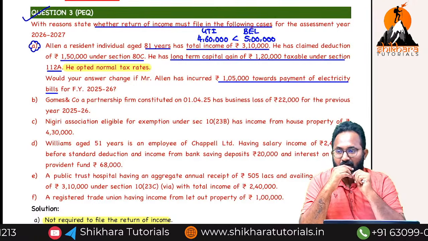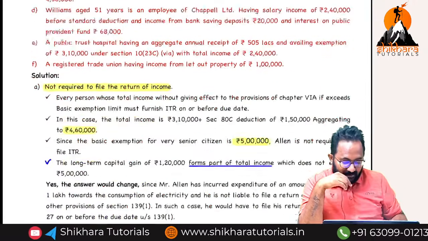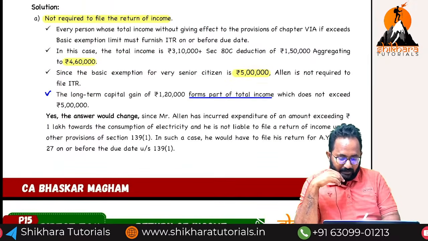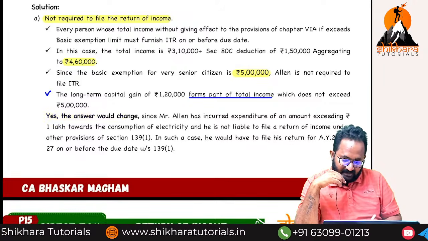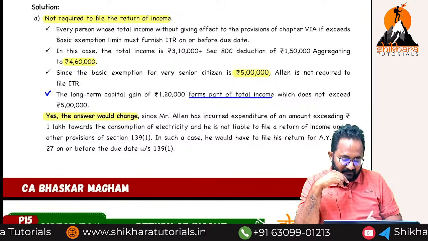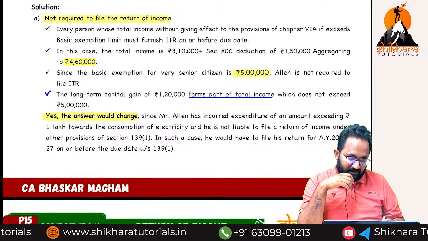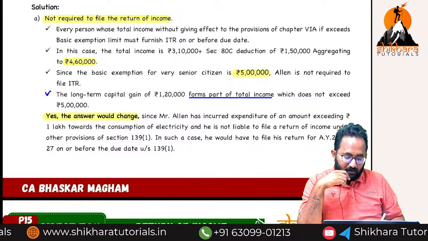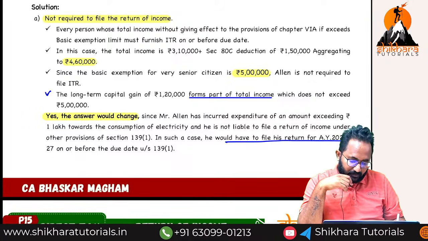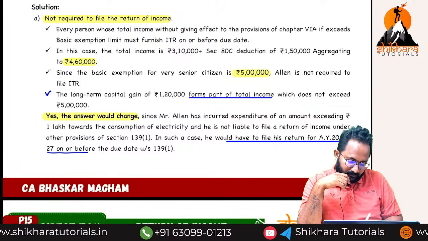Here it exceeds or not? Yes. So that's why SSE is mandatorily required to file. So our answer will change here. If an SSE incurred electricity consumption expenditure of more than 1 lakh, definitely he is required to file the return for this assessment year.